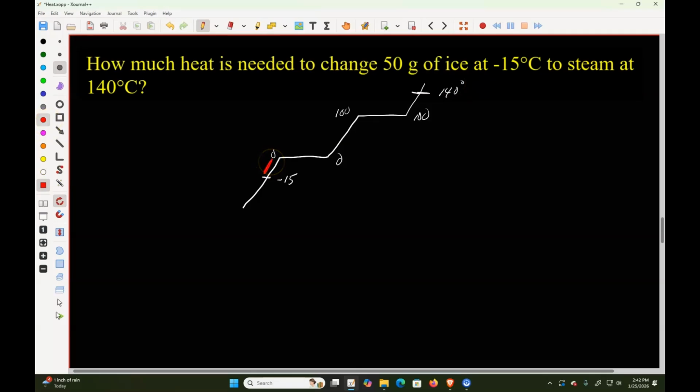So I have one step to get from negative 15 to 0, a second step to change the phase, a third step to go from 0 to 100, a fourth step to convert hot water into steam, and then the fifth step to go from 100 degree steam to 140 degrees.